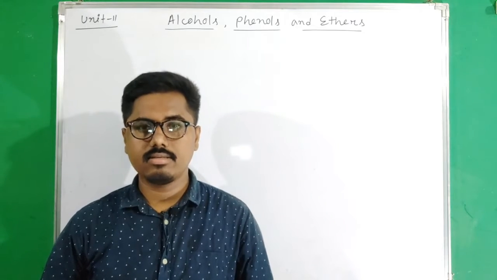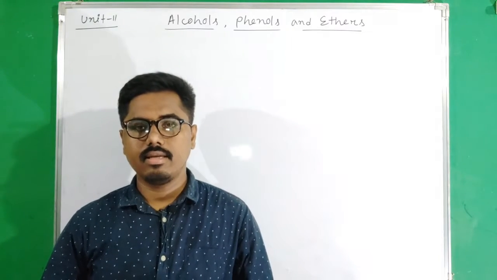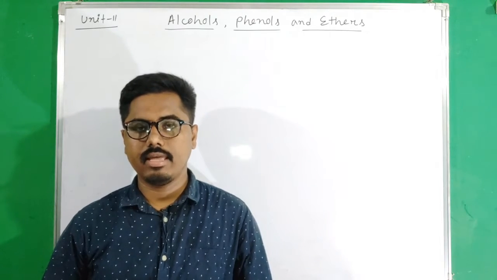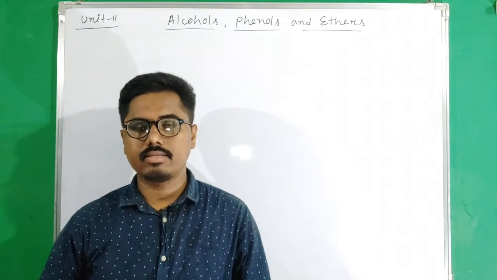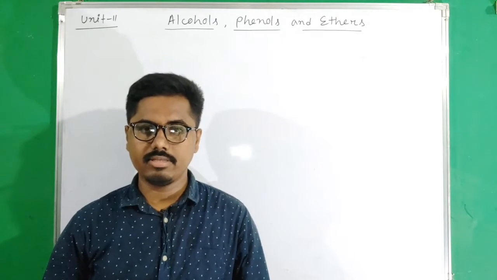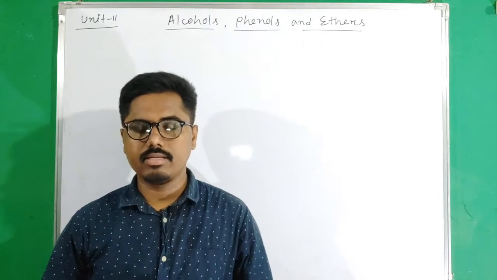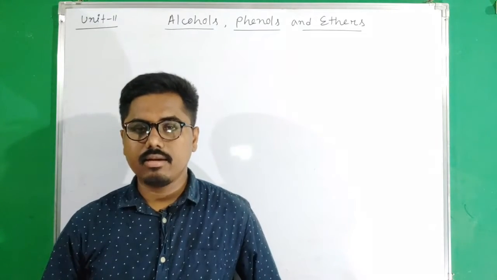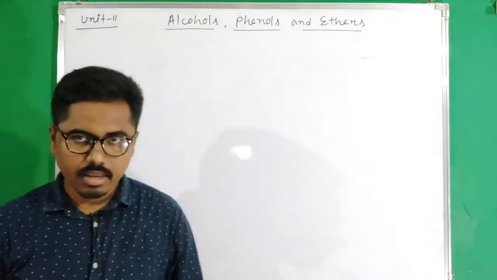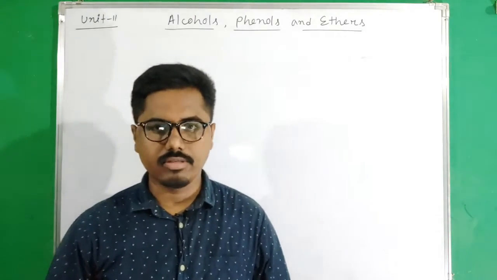In today's class, we will discuss chemical methods for preparation of phenols, and after that we will discuss important physical properties of alcohols and phenols, and then chemical reactions of alcohols. So our heading is preparation of phenols.